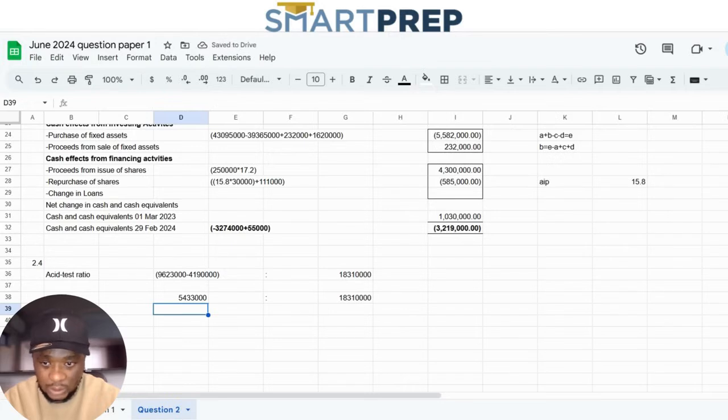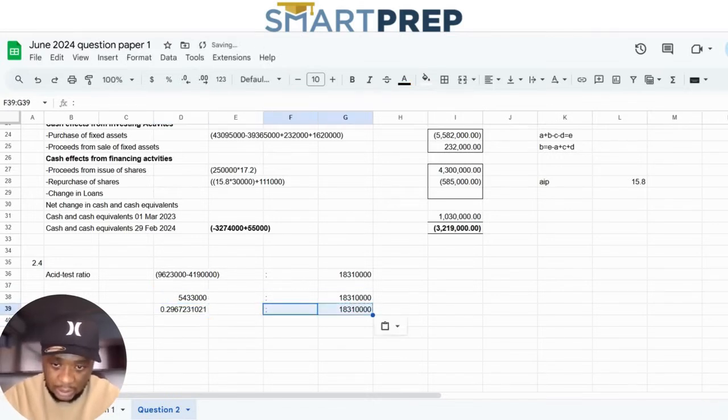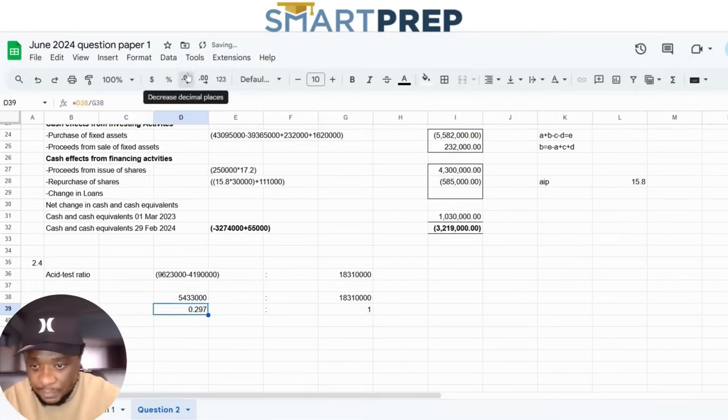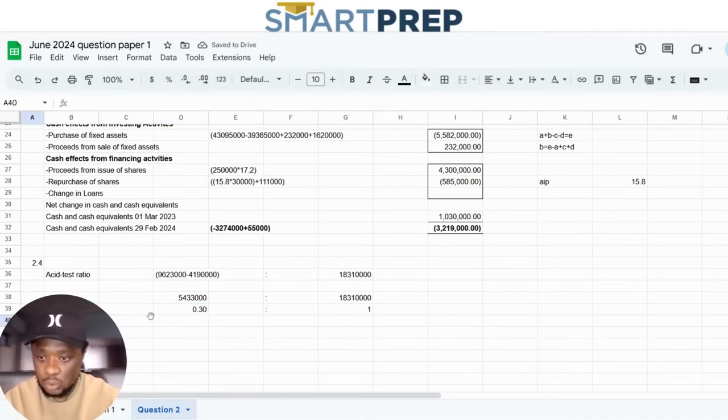And if you really do work out the ratio, that is basically going to be 0.3, I'll round that off, to 1, because we basically divide by the 18 million on both sides. So that's 0.3 to 1 asset test ratio, fairly straightforward.